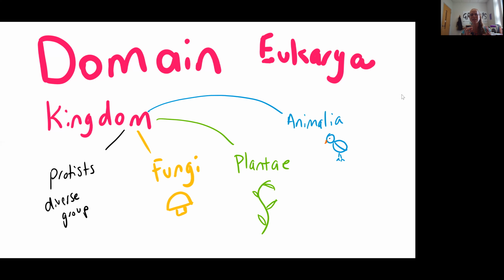So that's not really going to be called a kingdom any longer, but in our text it's just separated out as this whole diverse group of protists. These are things like green algae and amoeba and paramecium that you may or may not be familiar with. A lot of plankton in the ocean would be protists. And then you have the kingdom Fungi, which you are familiar with.